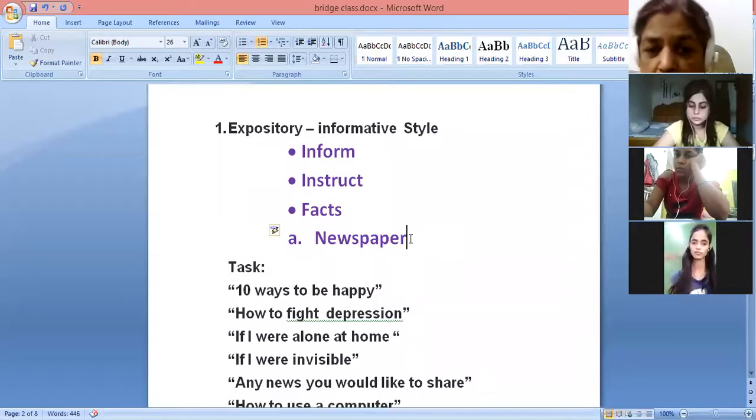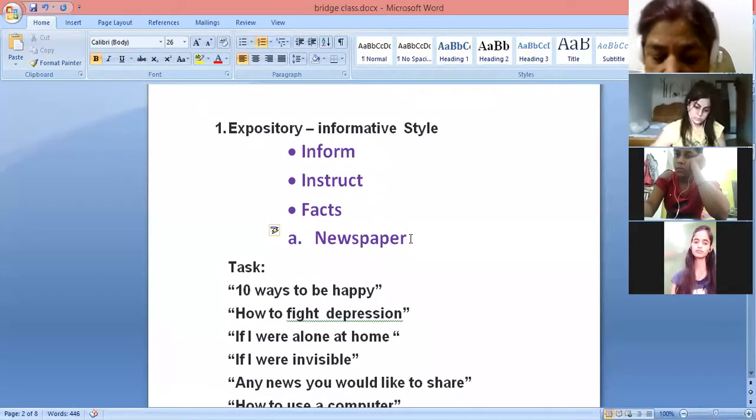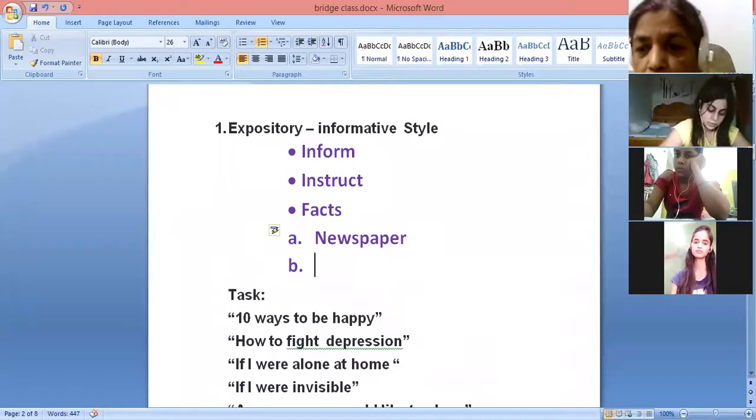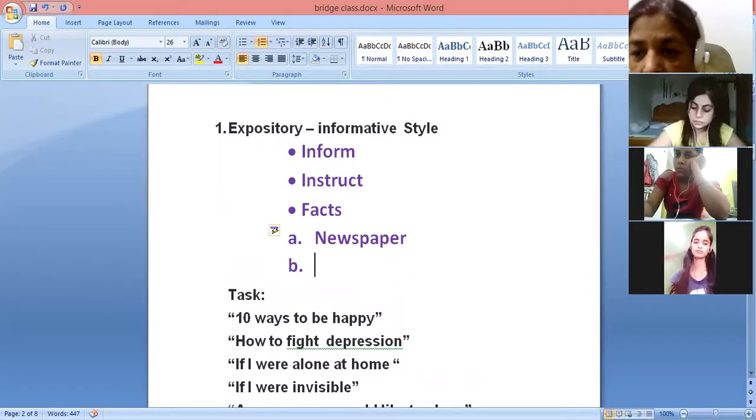If you want to give any news, like how it is done in the newspaper, you can use the informative style. When you want to learn some recipe, the cookbook.